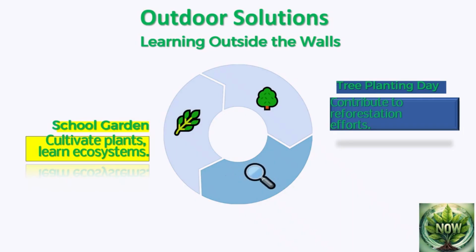You can easily link this with science, geography, and even language arts through storytelling or poetry inspired by what they find. Outdoor education naturally sparks curiosity, and curiosity is the fuel of lifelong learning.